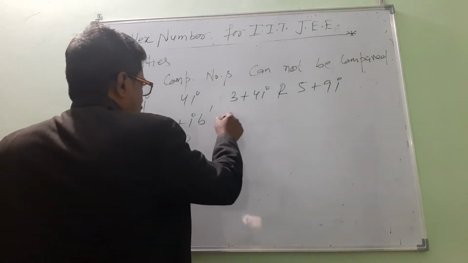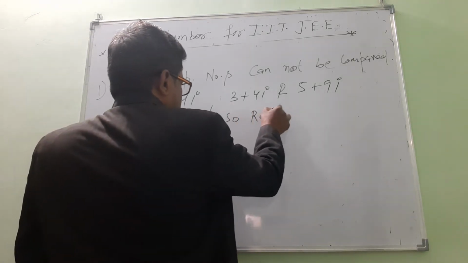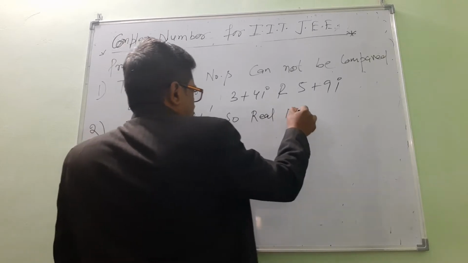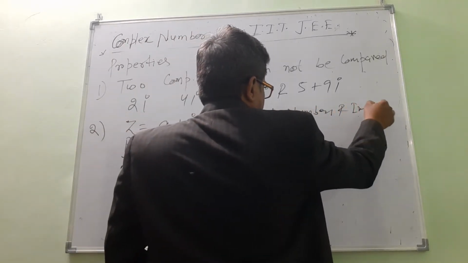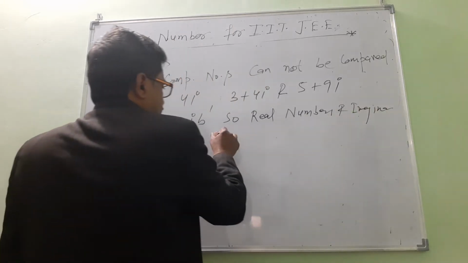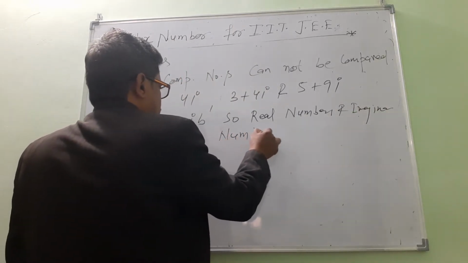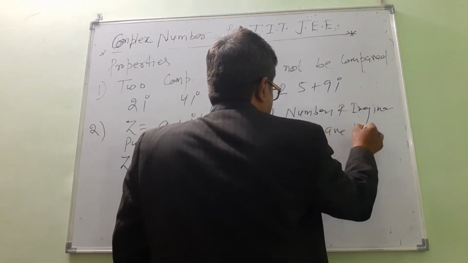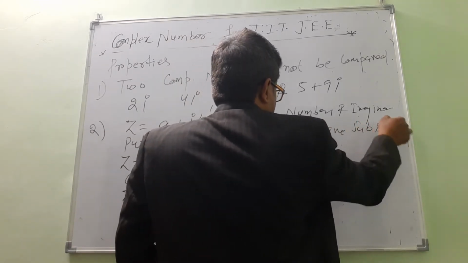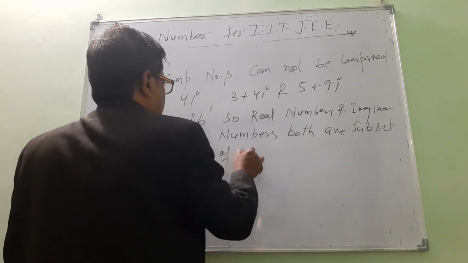So real numbers and imaginary numbers both are subsets of the set of complex numbers.